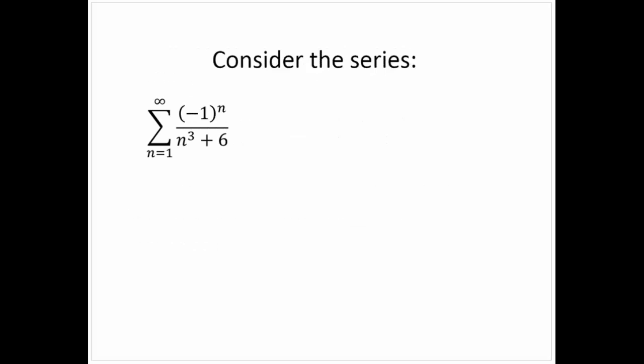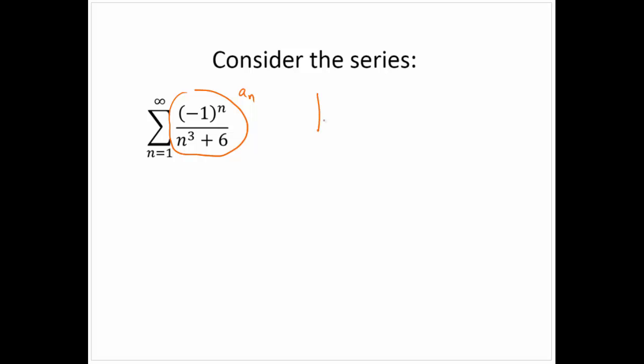Alright, so consider the series sigma n equals 1 to infinity of negative 1 to the n over n cubed plus 6. Well, this is the a sub n, right? Negative 1 to the n over n cubed plus 6.